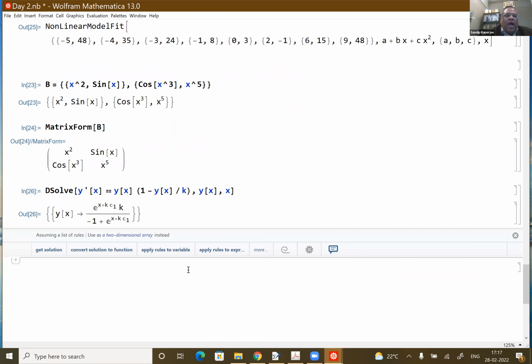But it may happen that in your case, it is not solving it. So can someone quickly check whether it is solving this or not? Last time I checked with Mathematica 12, it was not solving it. So there we will find a lot of limitations. Not everything can be done with Mathematica.